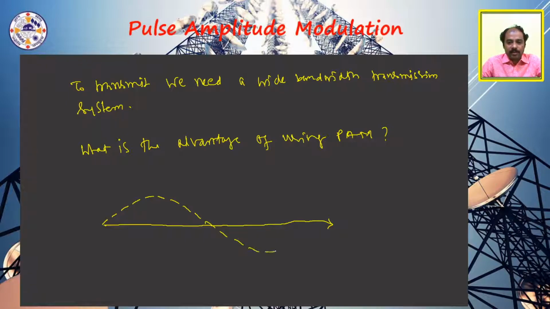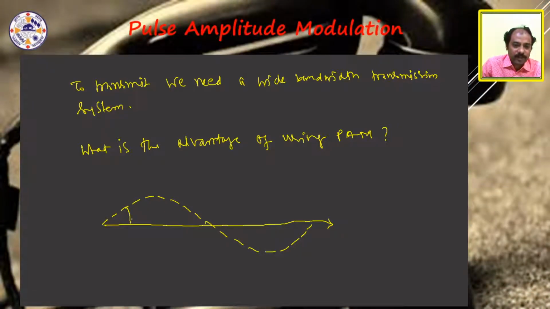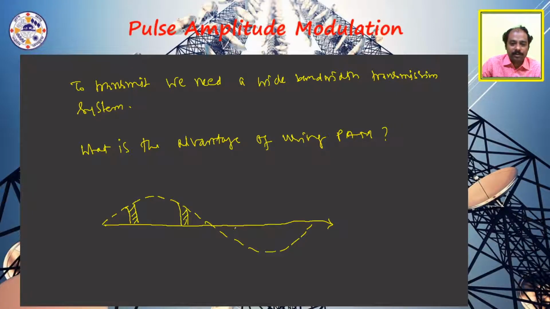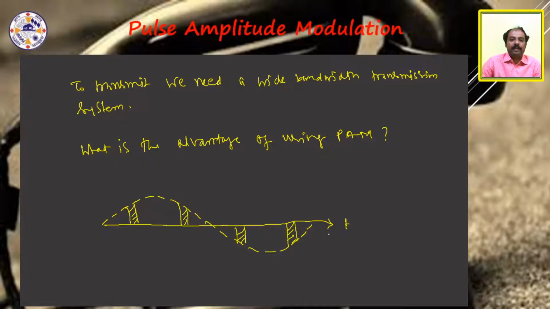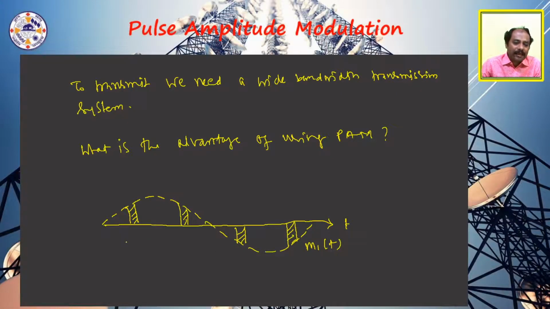This is the pulse being modulated in accordance with this signal in time scale. This is m1 function of t. Now say another signal is here, m2.